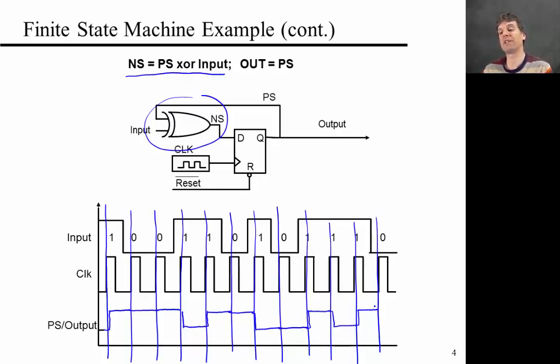Okay, so hopefully this is clear. So essentially you're calculating next state values for a given clock period, and then at the clock edge you're updating present state by reading in the next state from the previous time period, and you're recomputing.